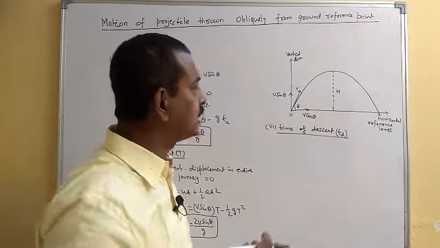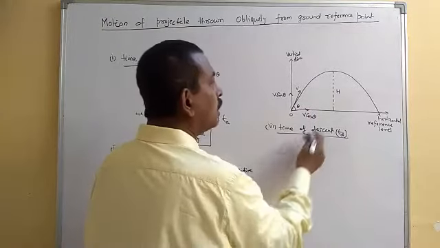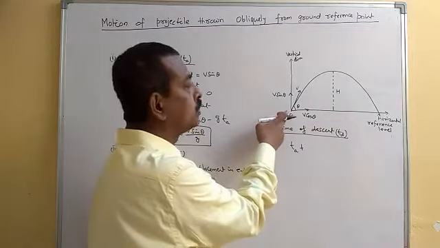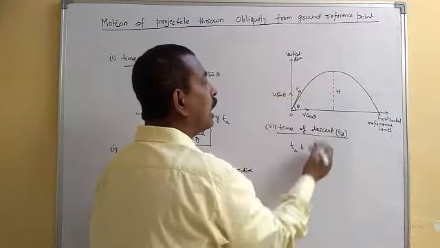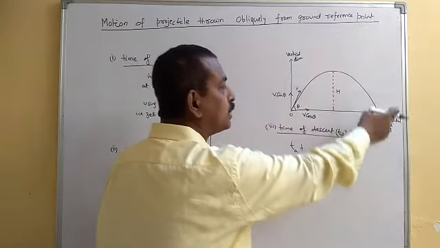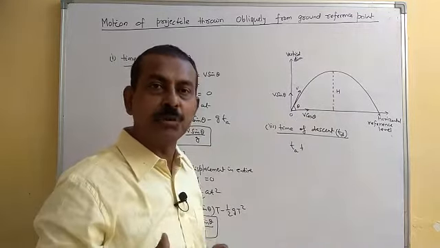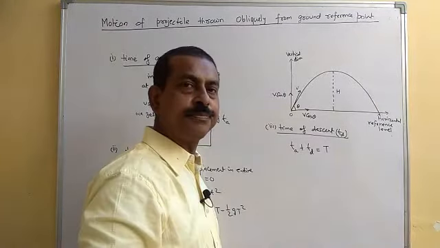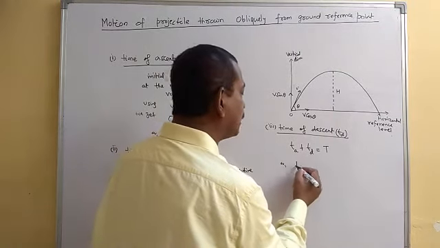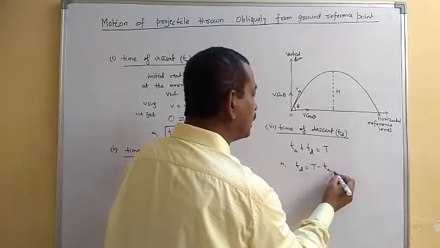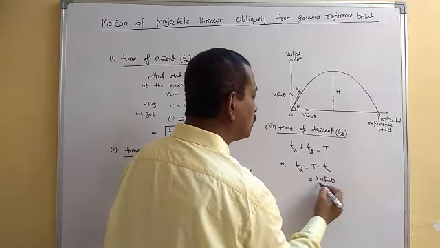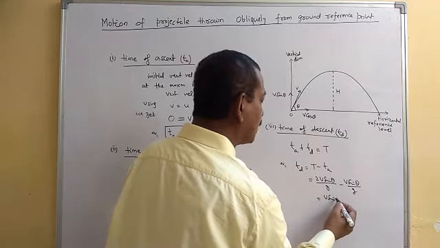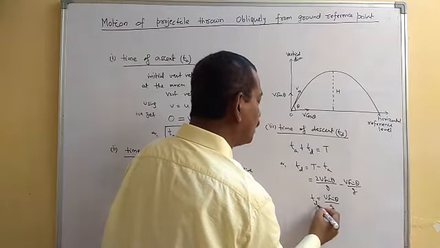So obviously in this case, we have time of ascent, the time taken by the projectile to move from point of projection to the maximum height, and time taken to move from maximum height to the point where it is ending its journey, this is the time of descent. So the sum of these two is equal to time of flight. So we can write that time of descent will be T minus Ta. So it is your 2v sine theta by g minus v sine theta by g, and that is your v sine theta by g. This is Td.